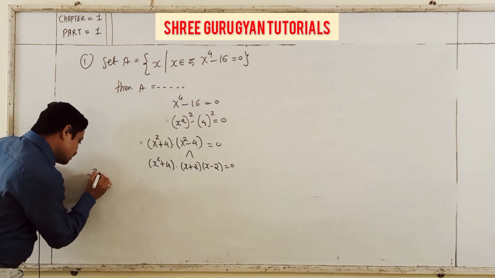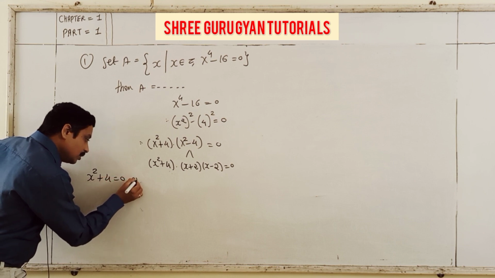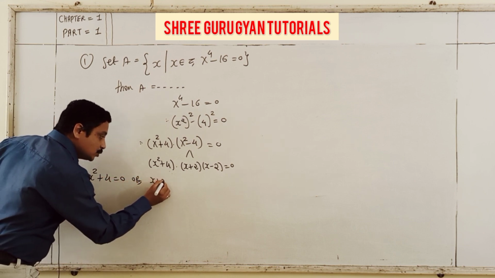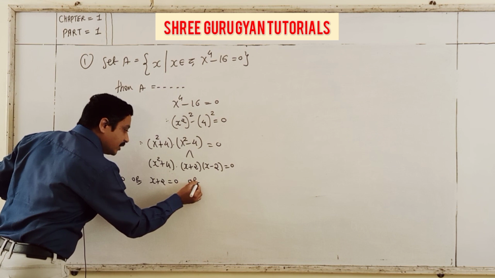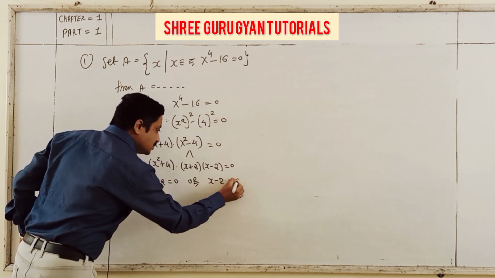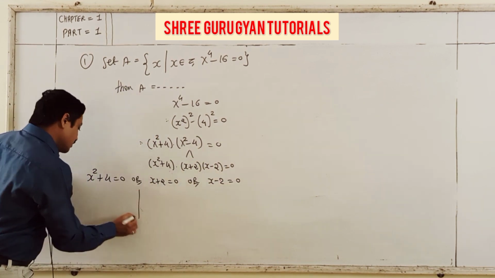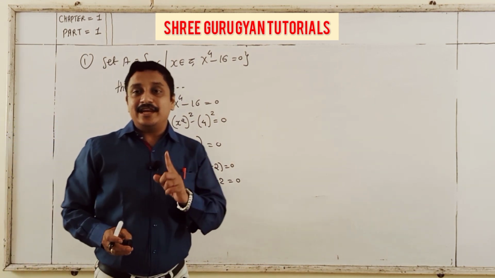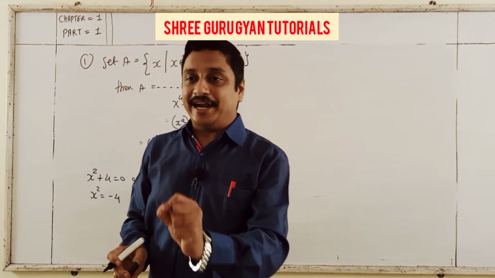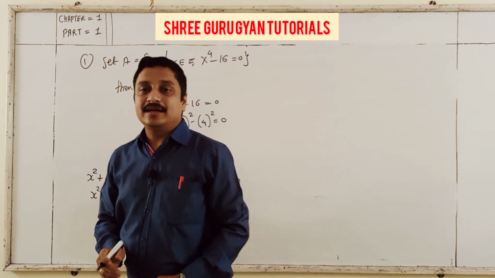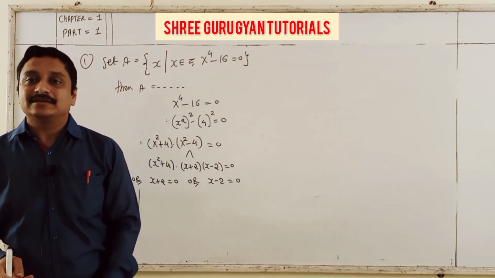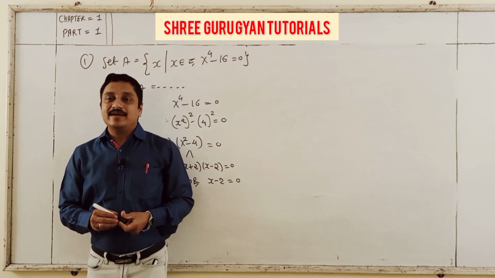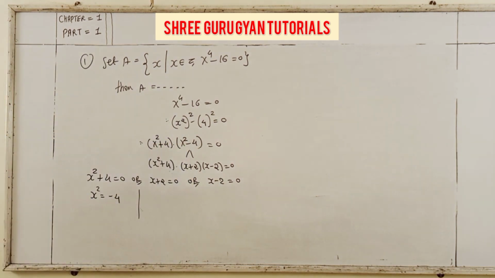So x square plus 4 equals 0, otherwise x plus 2 is equal to 0, otherwise x minus 2 is equal to 0. You check, x square is equal to minus 4, but any square term is never negative. So we do not admit it. Next, x square minus 4 is equal to 0.